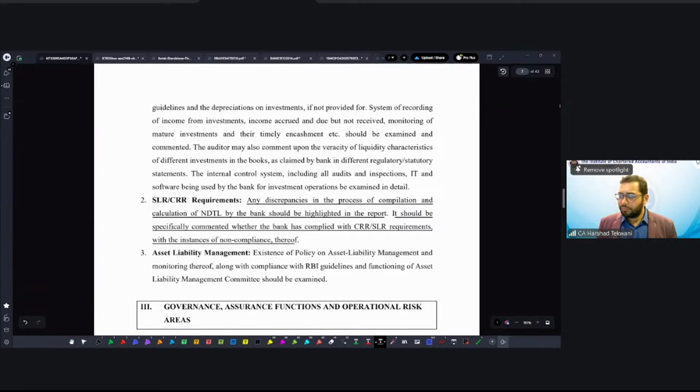Since the CRR rate is different, based on month over month or quarter, we have to check the rate based on that particular month's applicability rate. Okay, month on month rate, yes. Anything else? As a statutory central auditor, how will you make sure that this is done appropriately?